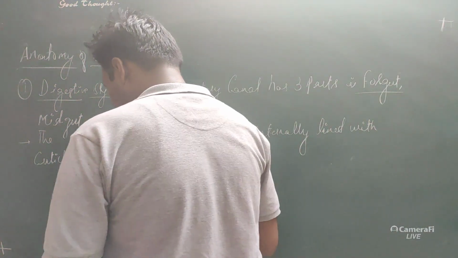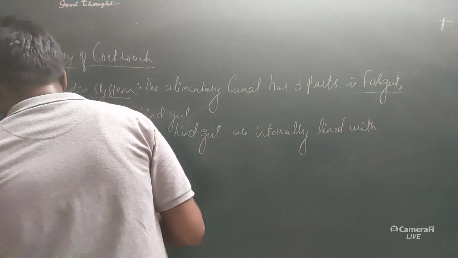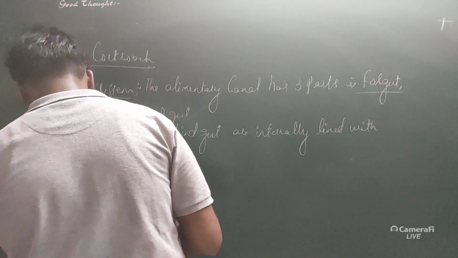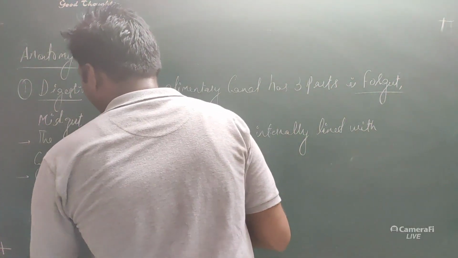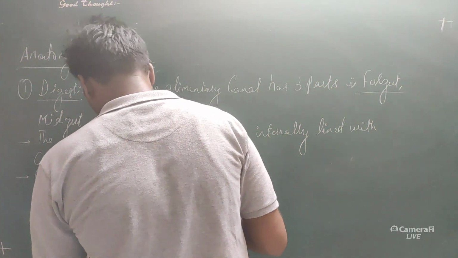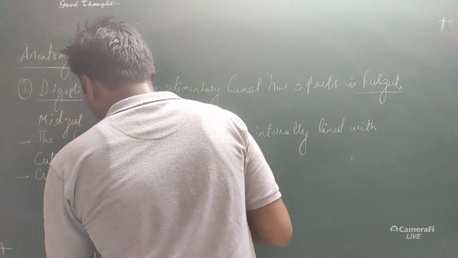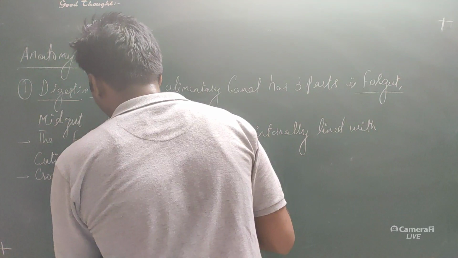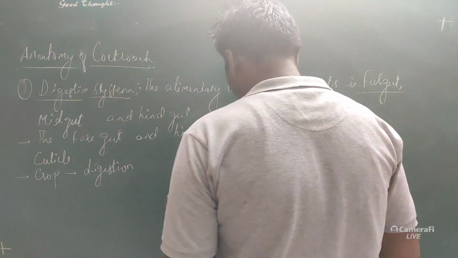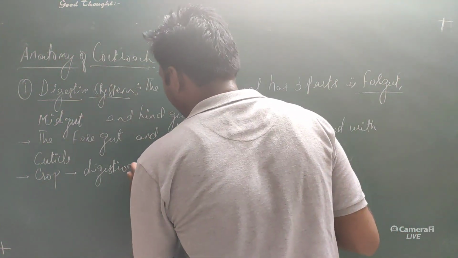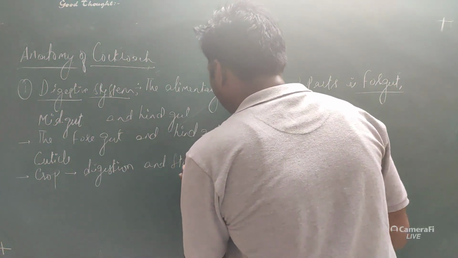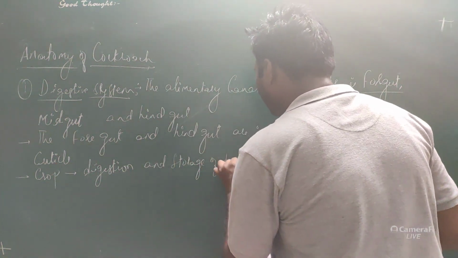Next, the structure called the crop is the structure for digestion and storage of food.